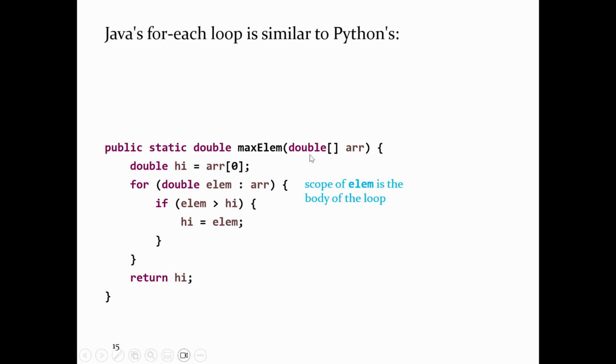So if I want to find the largest value in an array of double, I'm going to return a double value. And now the code basically looks the same. High is going to be the current largest element that I see, so that's the element at arr[0]. And now the for loop looks different than the Python for loop. The keyword for is the same. You must use round brackets here.